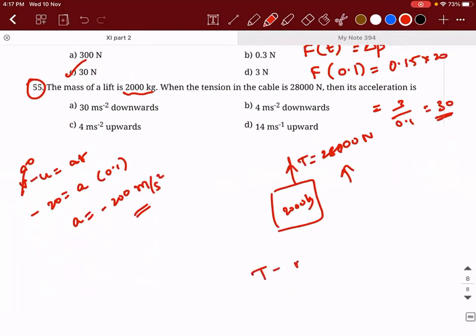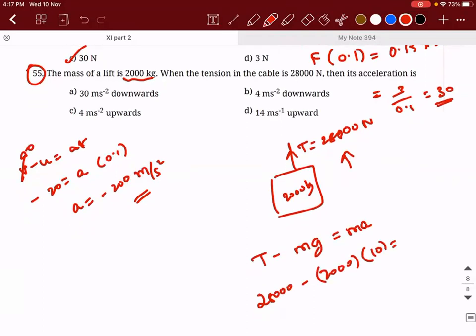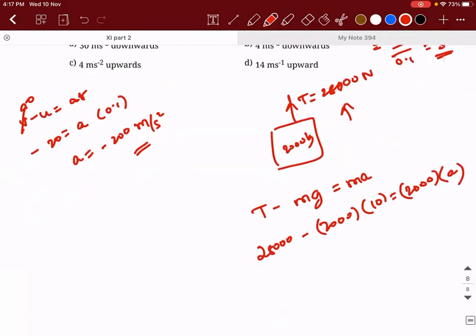So T minus mg is equal to m into A. So T is 28,000 minus m is 2000 into g is 10, is equal to mass 2000 into acceleration. So 28,000 minus 20,000 is 8,000 is equal to 2,000 into A. A is 4 meter per second square upwards.